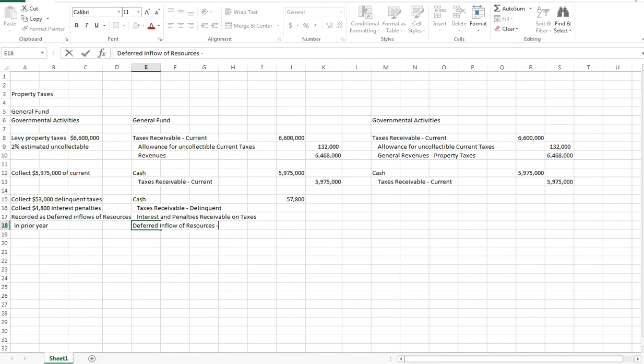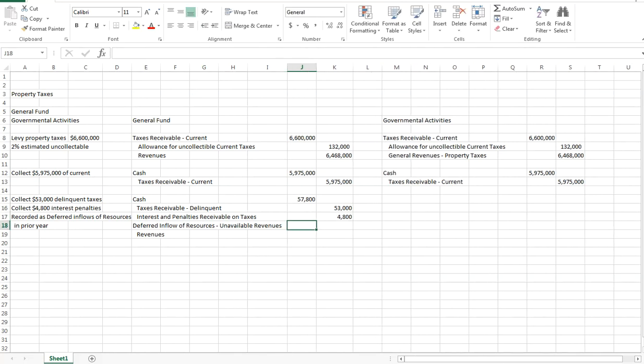That's where we put it, so we're going to take it out. And you'll see this process a little more clearly when you do your practice set. Okay, so the taxes receivable delinquent, $53,000, interest and penalties, $4,800, and then we have that deferred inflow. We're going to move it out of there, and we're going to show it as revenue. Okay, that's what you do in the general fund.